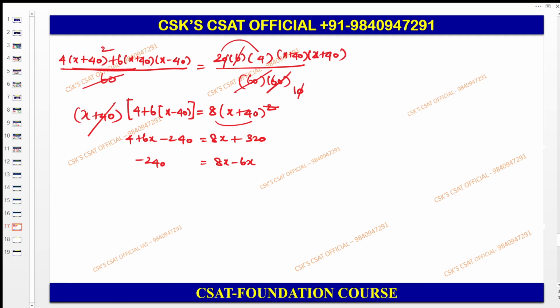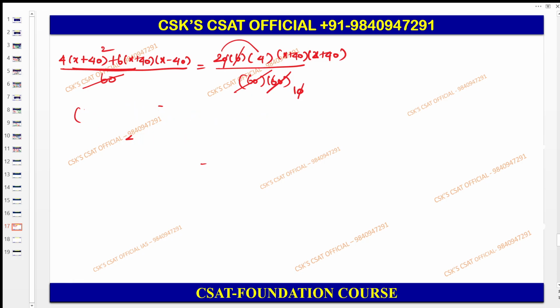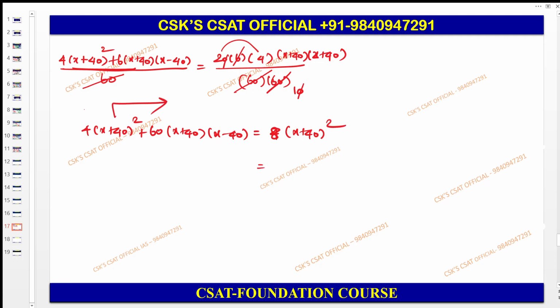Now x plus 40 the whole square. Now you can take x plus 40 as common here. I hope you are getting this. Then what happens here? 4 here, 6 into x minus 40 will be there. So one x plus 40 you can cancel here. 4 plus 6x minus 240, which is equal to 8x plus, this is nothing but 320.